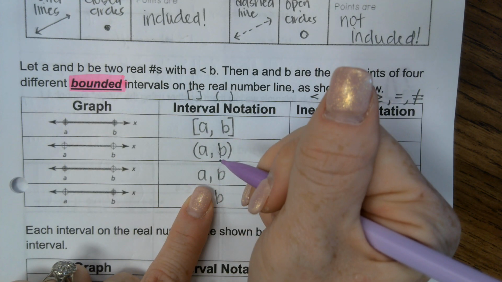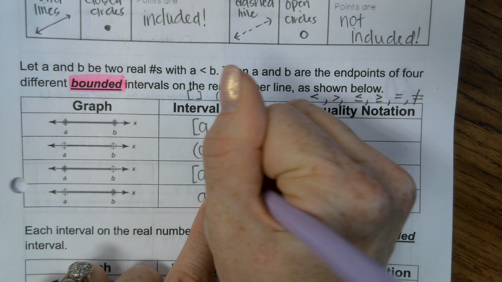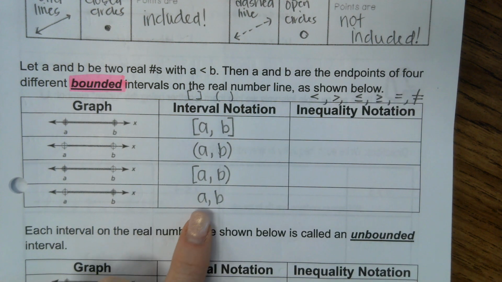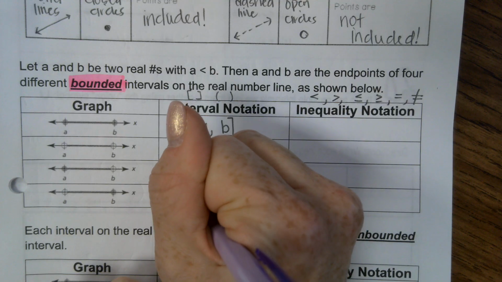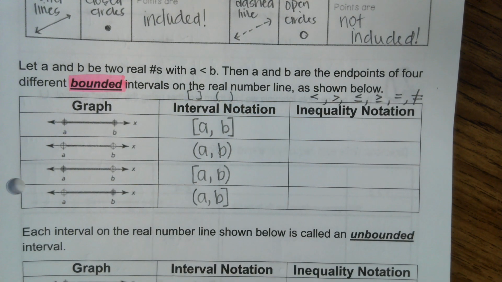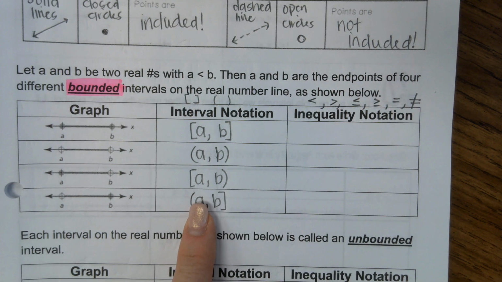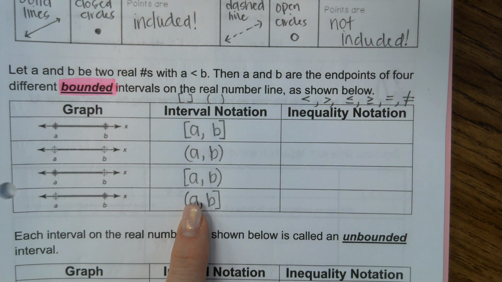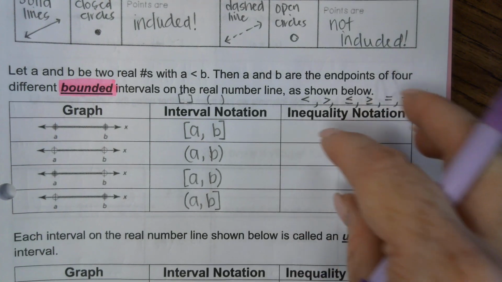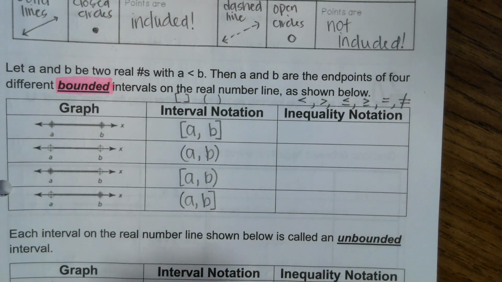A gets a what? A bracket, and B gets parentheses. And then for this one, my A value gets parentheses and my B value gets a bracket, okay? This is the notation that we are going to use most often this year, okay? But if for some reason the inequality notation shows up again, I don't want you to not recognize that, okay?